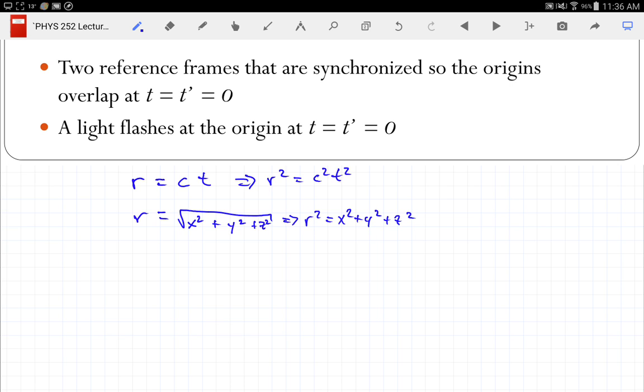If I set those equal to each other, because I don't care what the radius is, I want a relationship between x, y, z, and t, I don't have r anymore, and I have c squared t squared equals x squared plus y squared plus z squared.